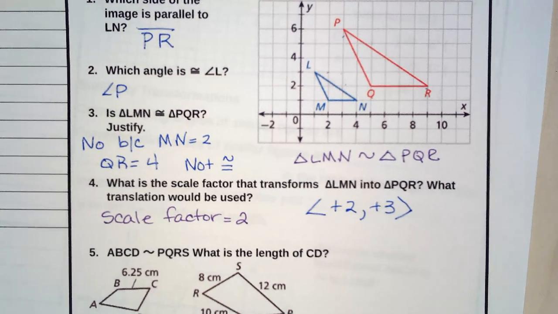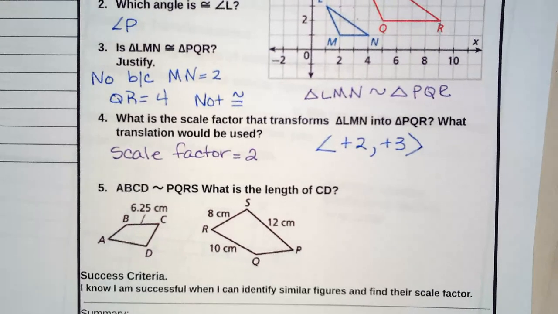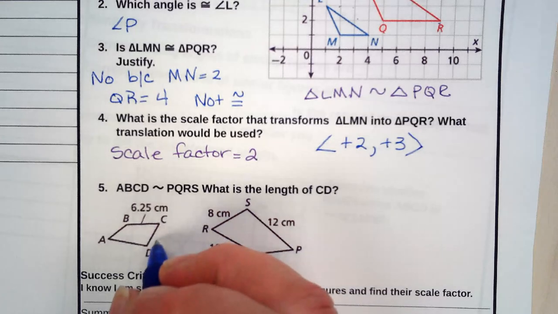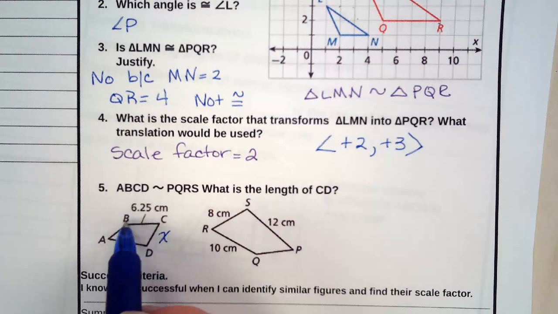Okay, so if we are looking at quadrilateral ABCD being similar to quadrilateral PQRS, then we can set up our corresponding sides in the same ratio. We can set up those ratios. So this is side BC, and this is what we're looking for.